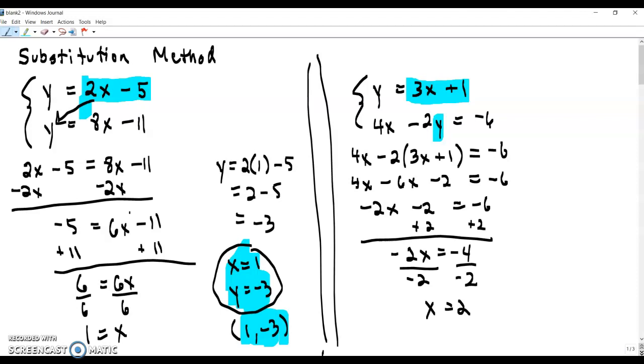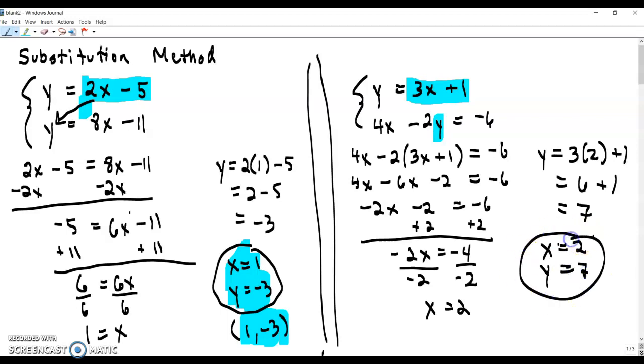I'll plug that back into one of the originals. Obviously, the equation where y is already isolated is the easier option. So instead of 3x, it's 3 times 2 plus 1. So x is 2, y is 7, or if you like, ordered pair, 2 comma 7.